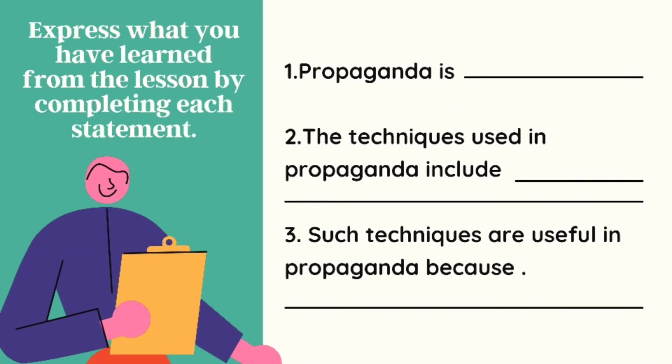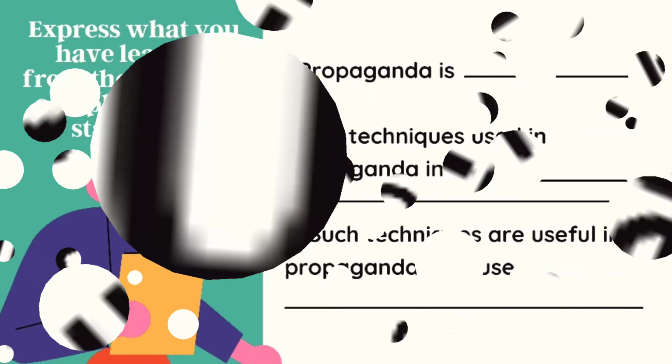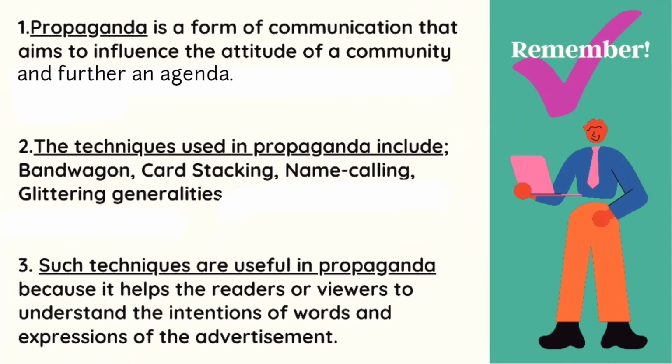This time, I want you to express what you have learned from the lesson by completing each statement. Number 1, propaganda is. Number 2, the techniques used in propaganda include. And number 3, such techniques are useful in propaganda because. Alright, let's not forget.